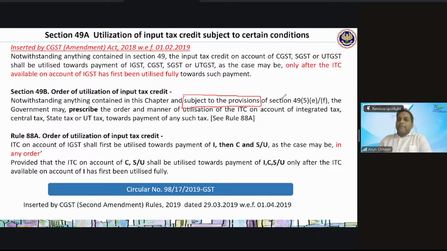Correct. It means we have to follow the provision of the 49, E and F will remain applicable. Therefore, we can say that C will give to the S? No. S will give to the C? No.